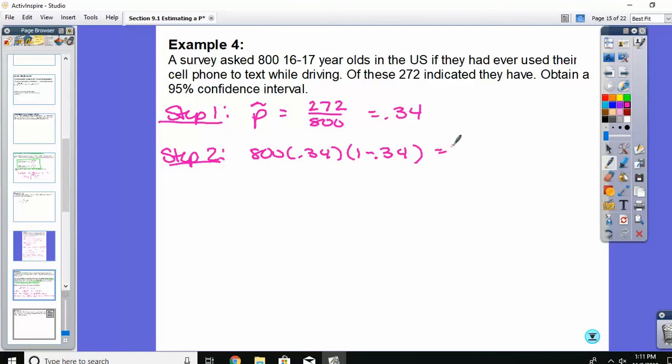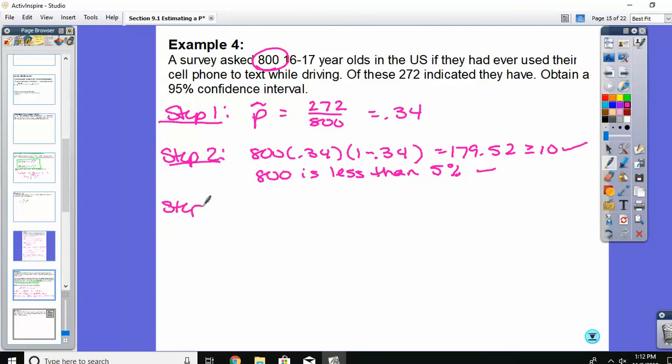And I get 179.52, which is most definitely greater than 10. Would 800 be less than 5% of all 16 to 17-year-olds? Yeah. Okay, so that requirement is met.